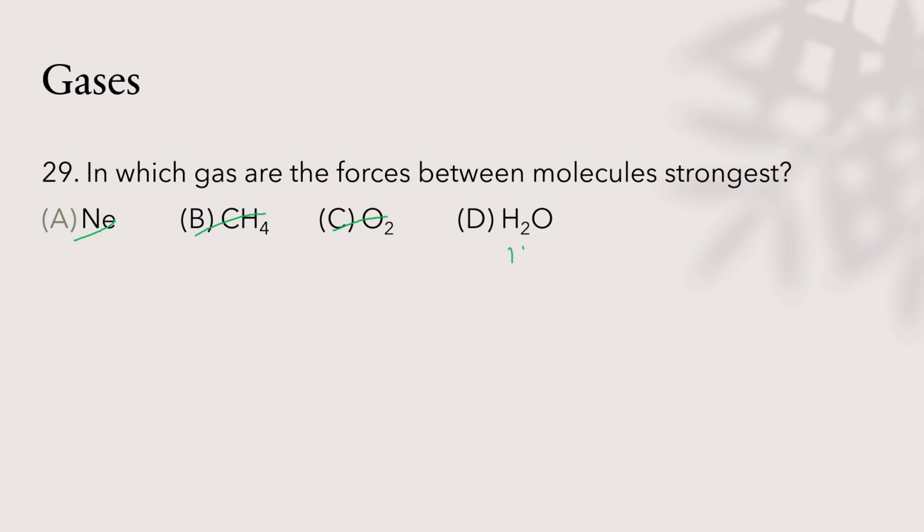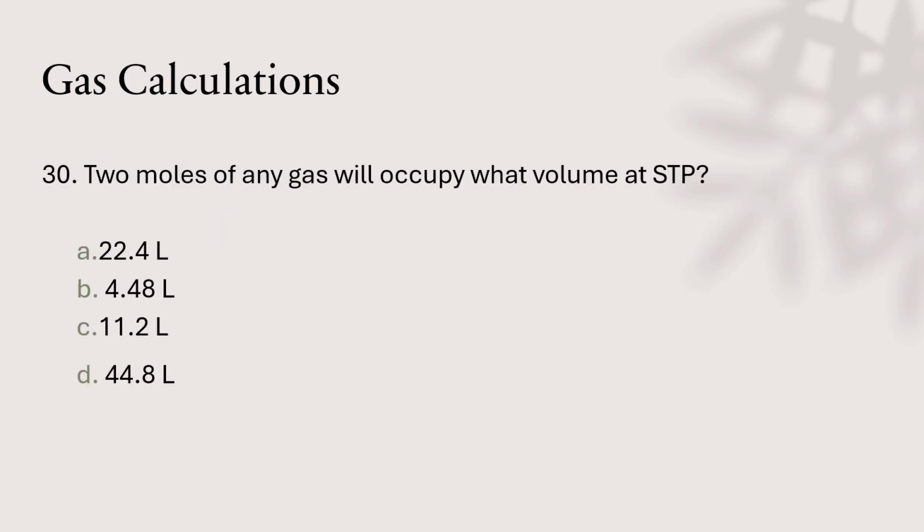So due to its H bonding, D is going to have the strongest. Now, if the choices had choice E, for instance, and it was an ionic compound, the ionic compound would have the strongest forces. Just so you know, any ionic compound could be sodium chloride, could be calcium carbonate, anything. Okay, so that would change the answer. Just want you to be aware of that.